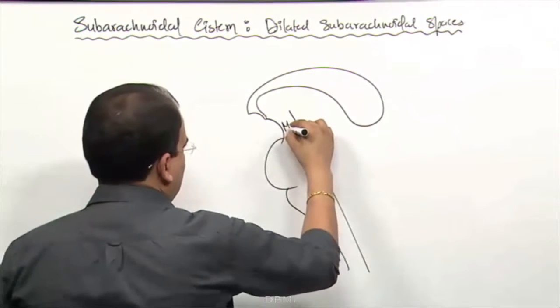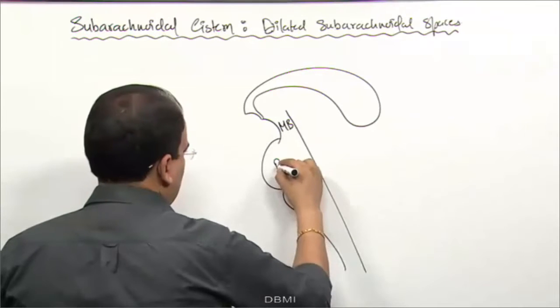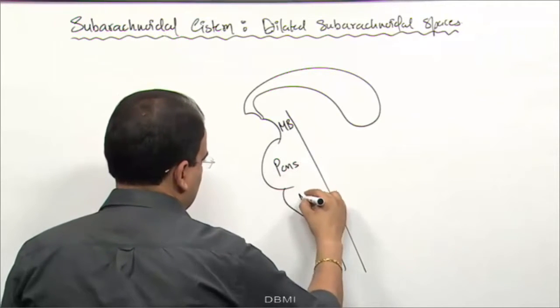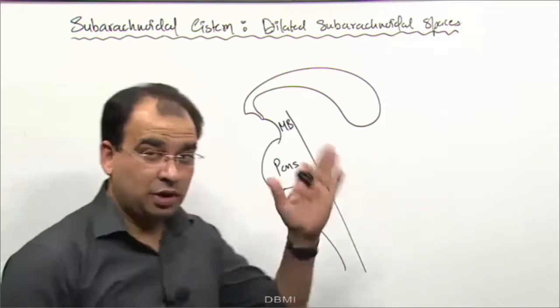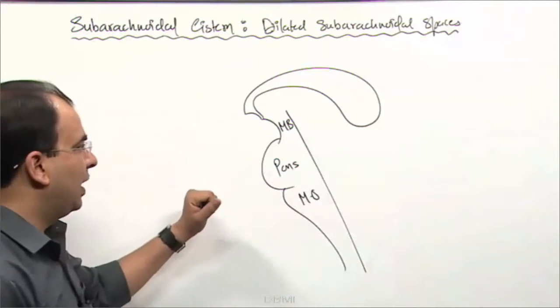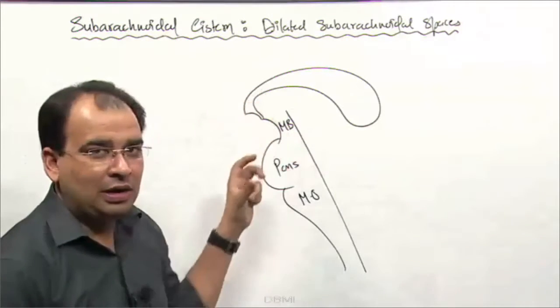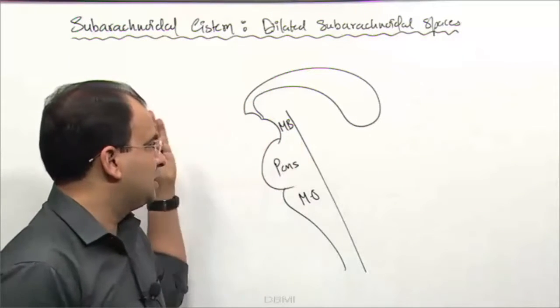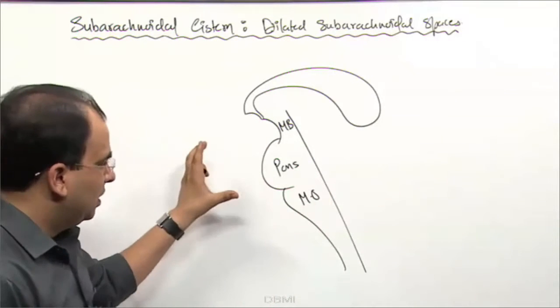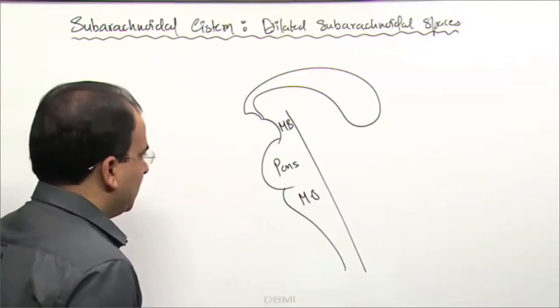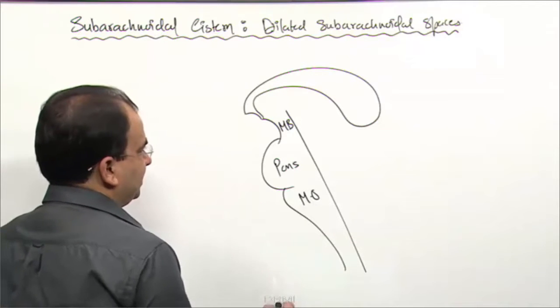As I said, this is midbrain, the pons, medulla oblongata. In the transverse section, this is in the sagittal section, this is how they will look. The midbrain will look more constricted because the section goes through the interpeduncular fossa. Then the pons, the dilated part, and then we have medulla oblongata.